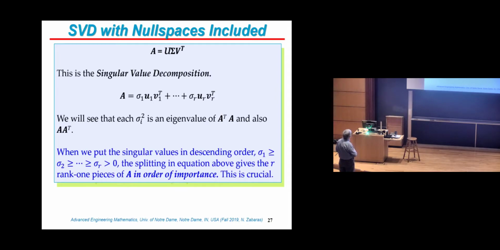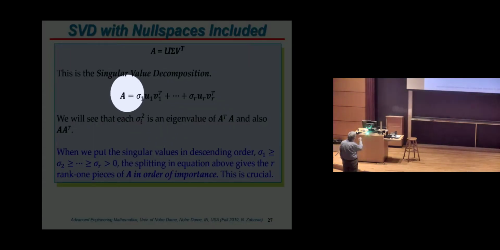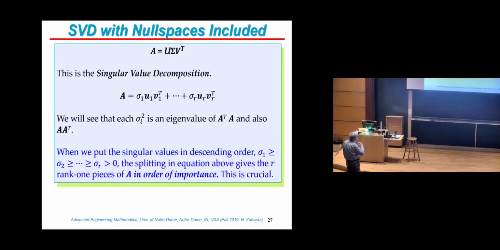Now we need to actually start doing some proofs, right? The philosophy is good. So how do we get the singular values? How do we get the vectors V's? And how do we get those vectors U's? And I love this singular value decomposition because everything you learned comes back in this lecture. It will show up that the squares of the singular values, surprise, surprise, are the eigenvalues of A transpose A.